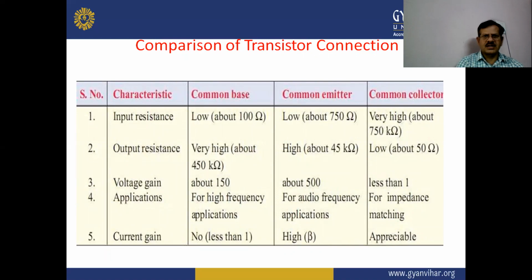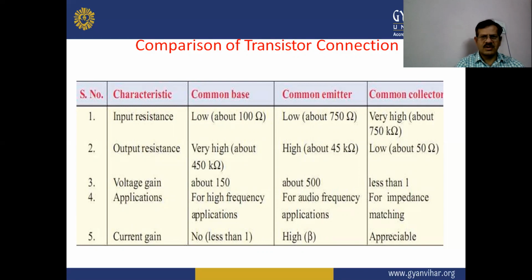There is a comparison of the different connections of the BJT. We take the different characteristics, for example, the input resistance. In the common base, the input resistance will be low, in the range of 100 ohm.